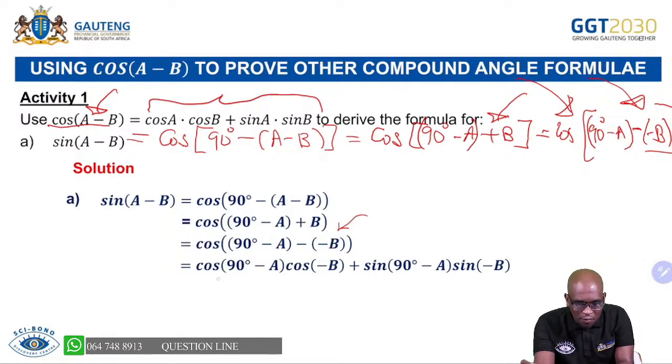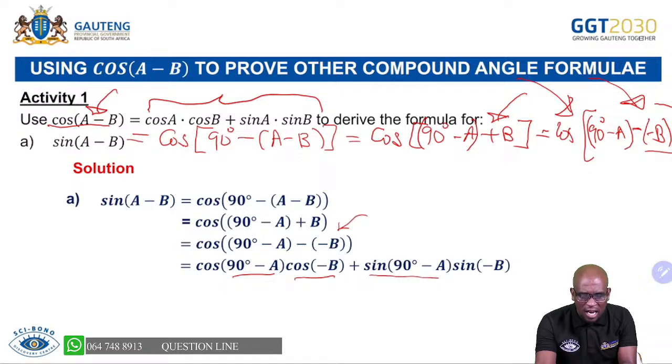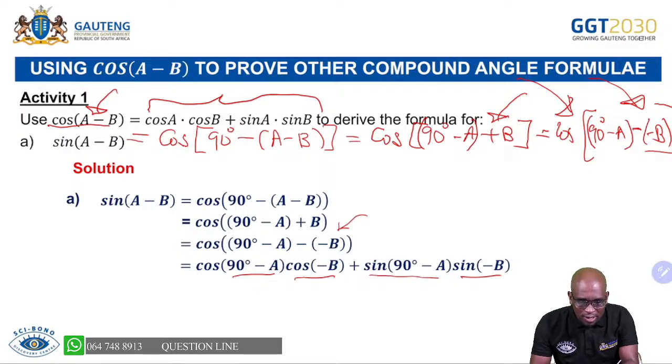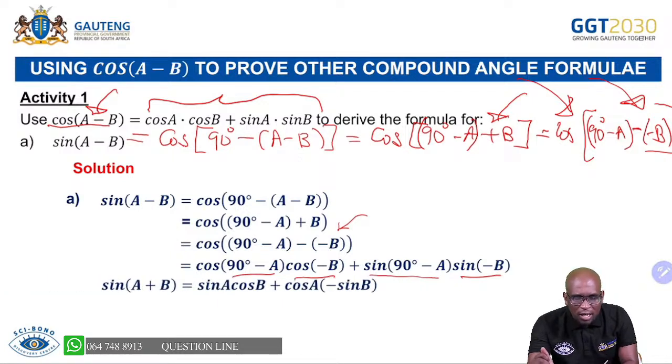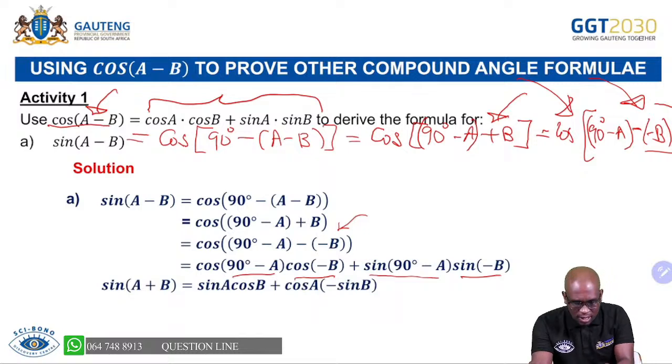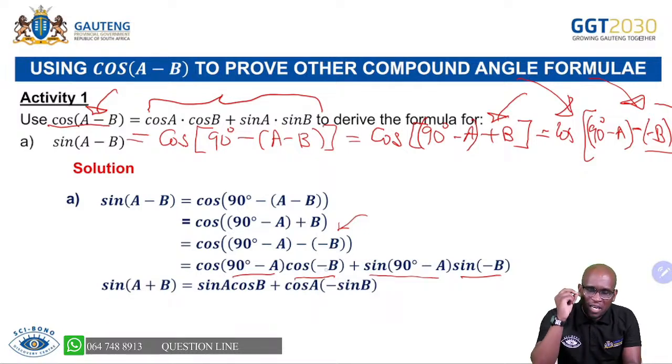The cosine of the first angle, which is 90 minus A, the cosine of the second angle, which is negative B, plus the sine of the first angle, which is 90 minus A, the sine of the second angle, which is negative B. Now we can simplify. Obviously, the cosine of 90 minus A becomes what? The sine of A. And then this one, the cosine of a negative angle is always positive.